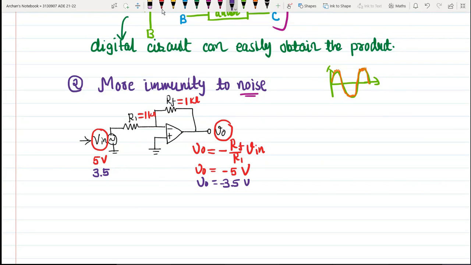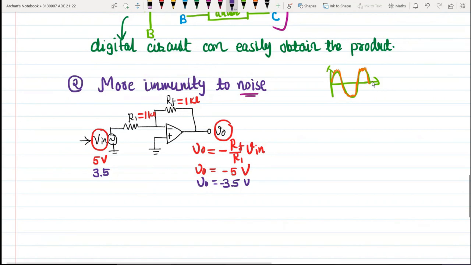Now because of noise, what will happen, as we have discussed over here? Consider this sinusoidal waveform of 5 volt, but because of the noise this waveform is deteriorated and gives us only 4.5 volt in place of 5 volt.